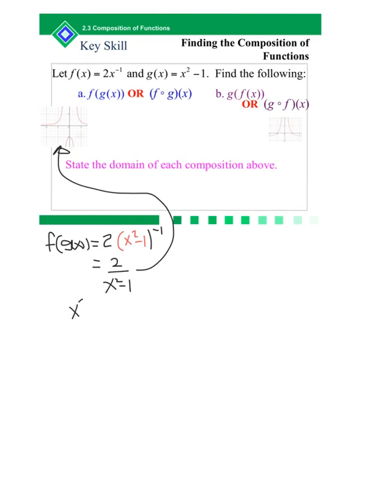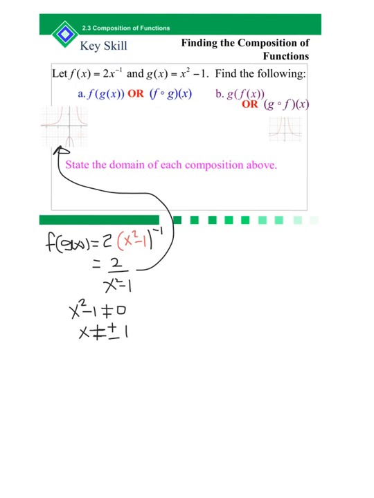I know x squared minus 1 cannot be 0 because I cannot divide by 0. So that means x cannot be equal to plus or minus 1 when I solve that equation. So that means it can be any number except plus or minus 1.